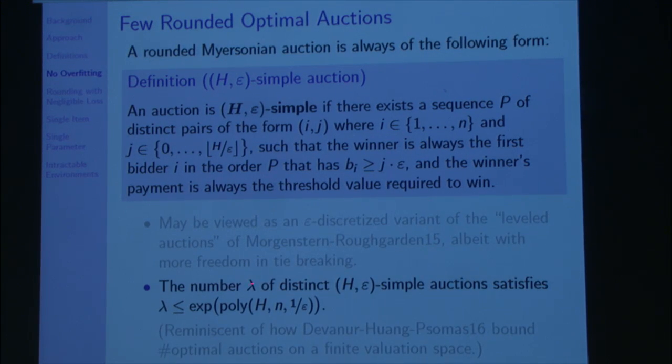And since specifying this auction is basically specifying an order on (H over epsilon) times n values, the number of distinct H epsilon simple auctions is at most exponential in a polynomial in H, n, and 1 over epsilon.